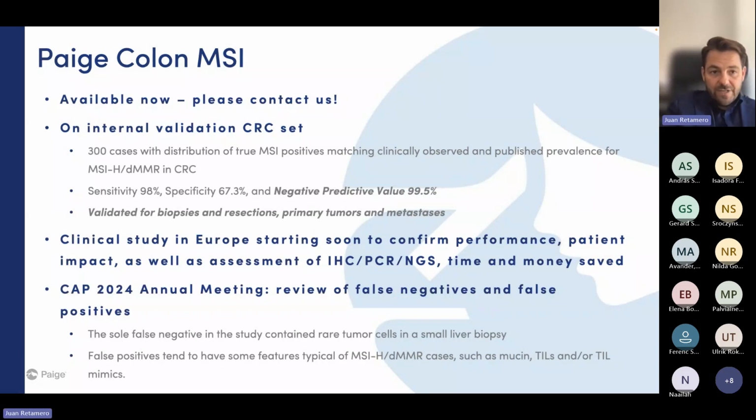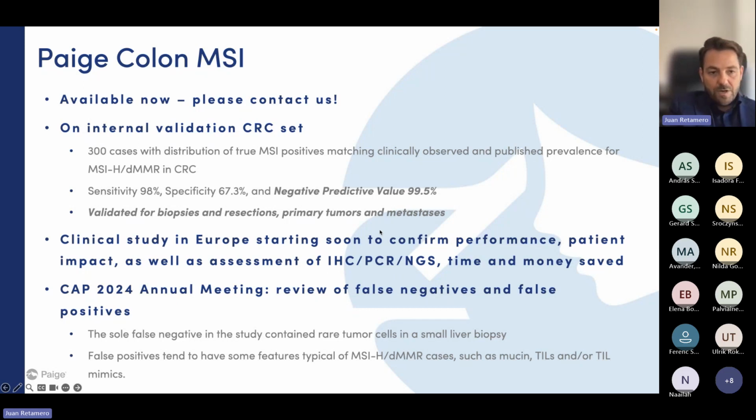This is a tool that is available now, and the performance in a colorectal cancer dataset comprising 300 cases yielded a negative predictive value of 99.5%. This tool has been validated both for biopsies and for resection specimens, including primary tumors as well as metastatic tumors.